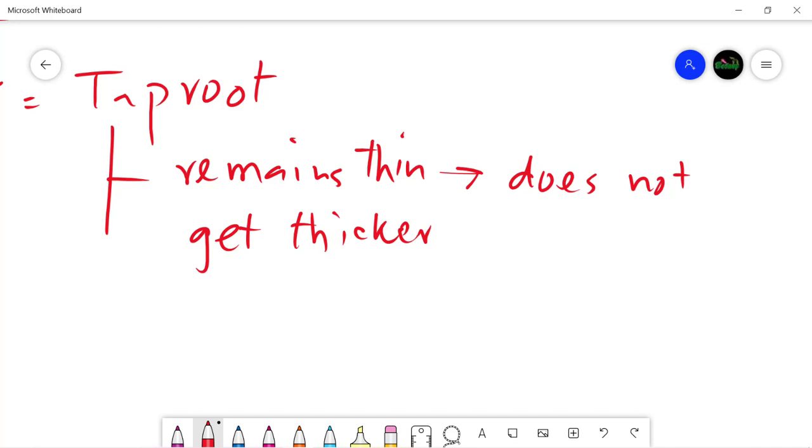In other words, the taproot itself and its branches are quite thin. So in such a situation, it is known as fibrous taproot.